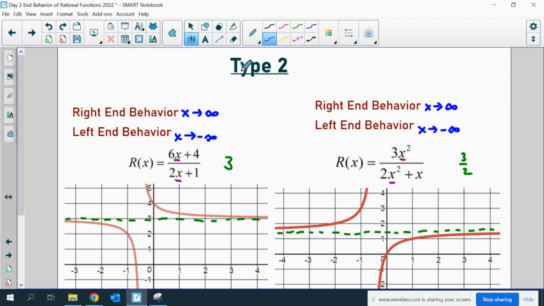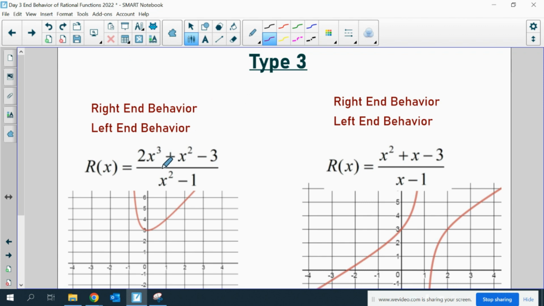So in this problem on the left, as x approaches infinity or negative infinity, r of x approaches 3. And as x approaches positive or negative infinity in the one on the right, the function r of x approaches 3/2.